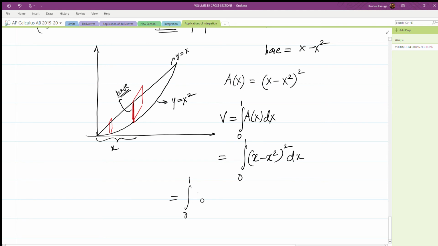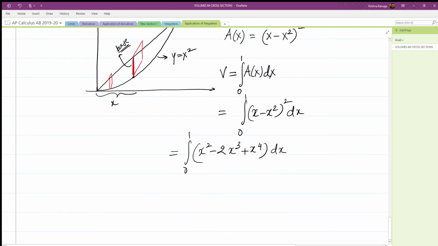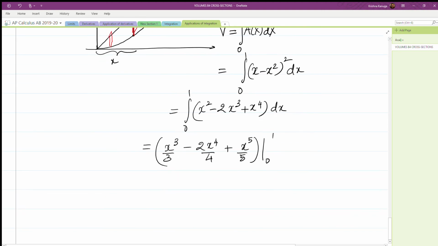First, let's square the whole thing out. We get x squared minus 2x cubed plus x to the fourth dx. Now we can integrate term by term. We get x cubed over 3 minus 2x to the 4 over 4, plus x to the 5 over 5, everything from 0 to 1.